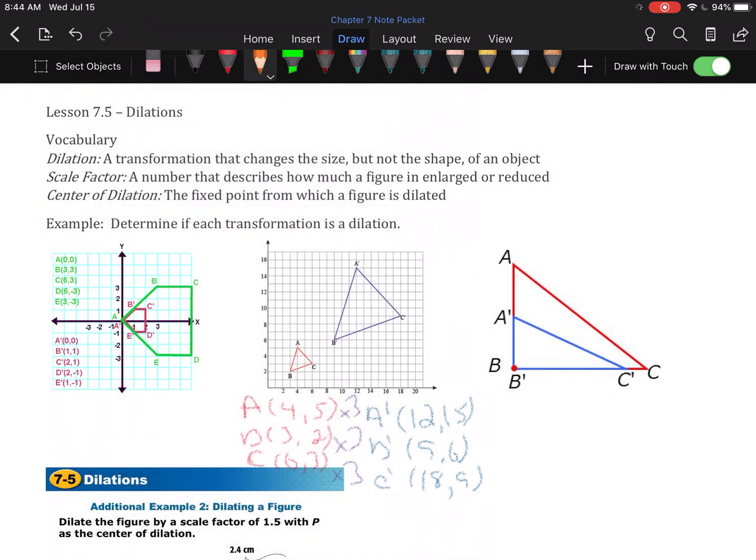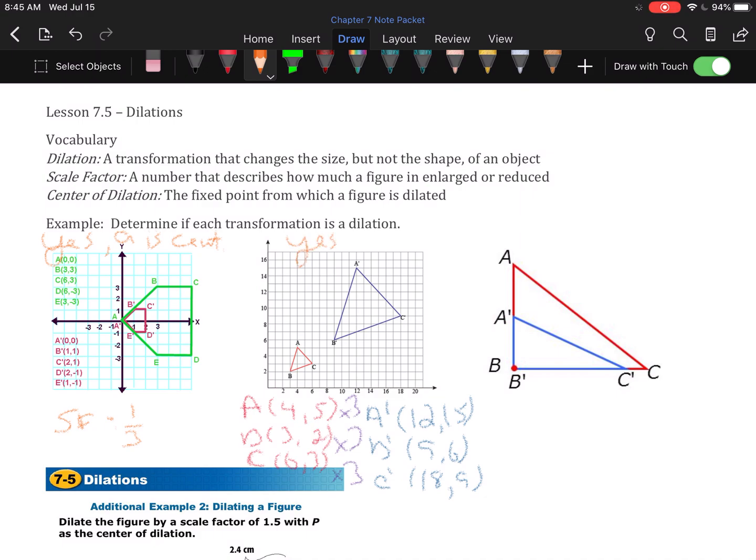So to recap, first problem, yes, the origin, I'm sorry, not the origin. A is the center, which means A stayed the same, it was the same ordered pair, and the rest of the ordered pairs changed by the scale factor. The scale factor was 1/3.